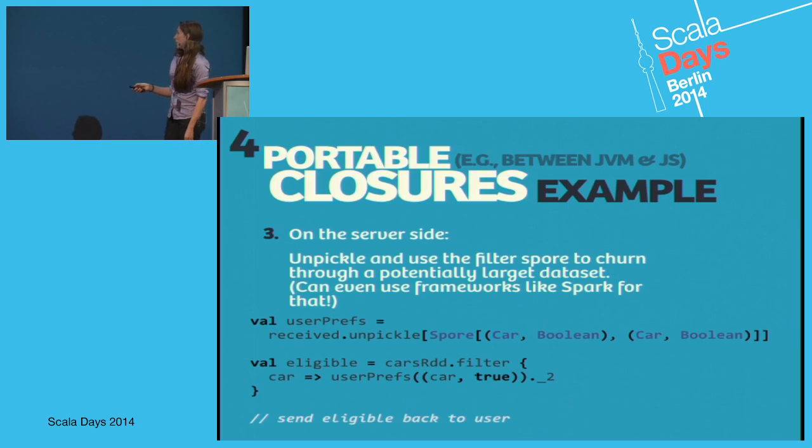Then you apply it, maybe if it connects to something like Spark, or if it's a list or an array, you can just pass it to some filter and check for the case when all of those filters are true. That's another example that's maybe not as obvious as using it for Spores or using it for Spark.